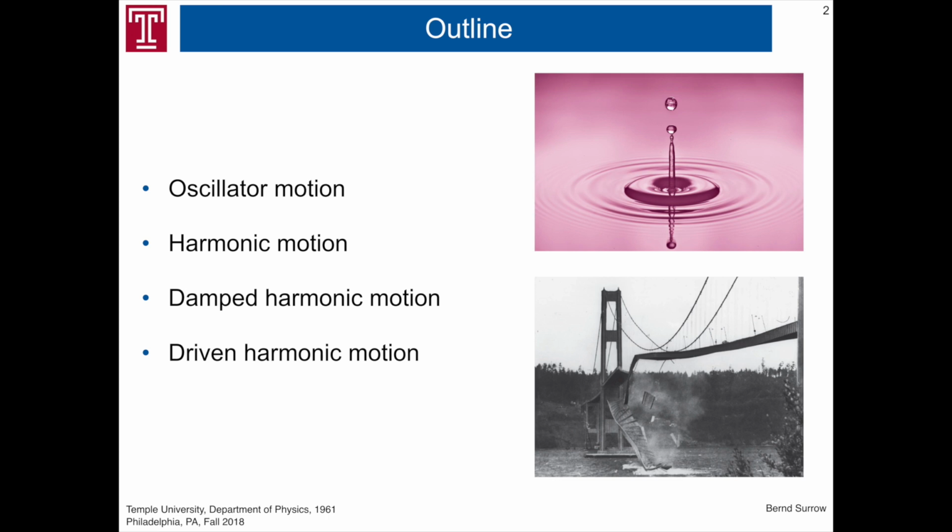And if we're now connecting that mass to a handle, and that handle is periodically disturbing the location of that mass, but in a way that is completely independent of that mass and that spring by itself, then we're talking about a so-called driven harmonic motion.